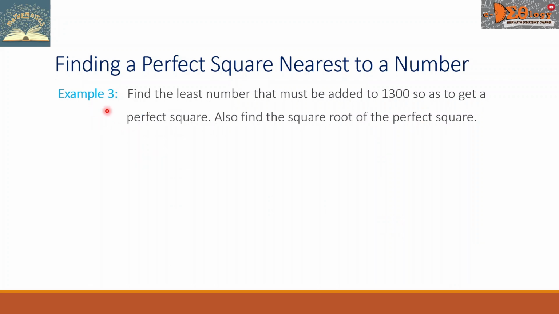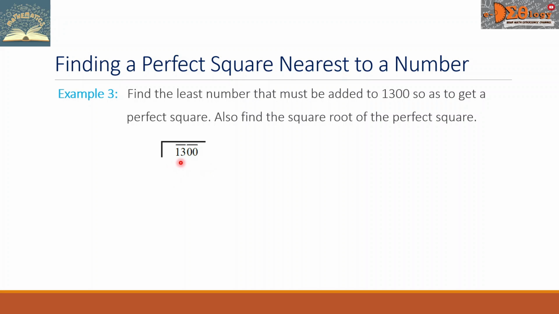Example 3. Find the least number that must be added to 1,300 so as to get a perfect square. Also find the square root of the perfect square. Let us do division method to get the square root. Then we put the bars.